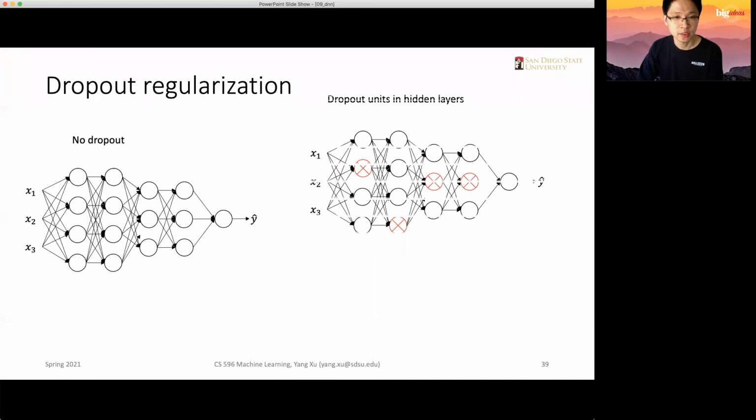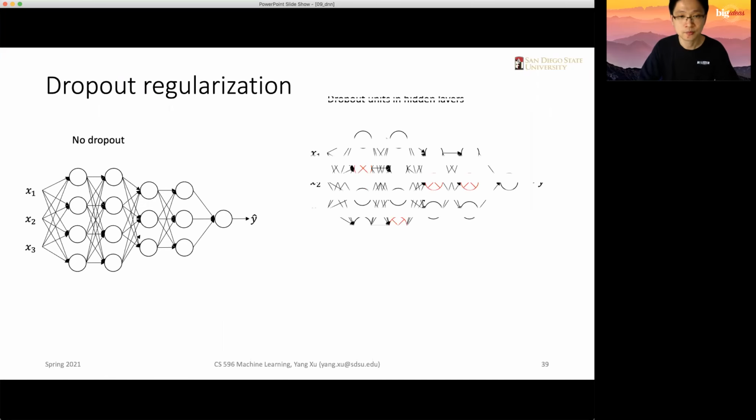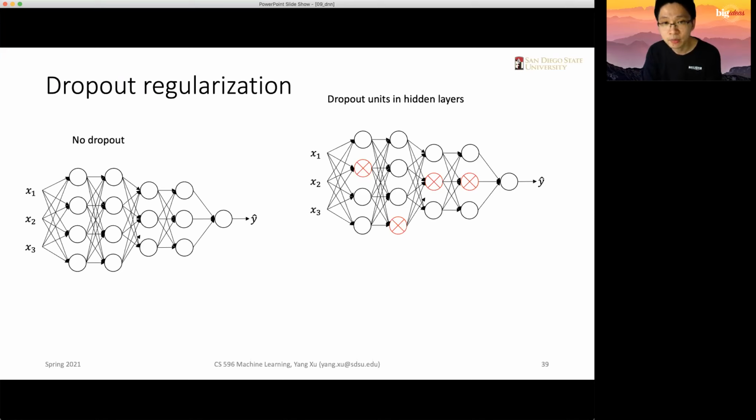Given such a deep neural network, if we don't use dropout, that means we keep everything as it is in the network. All neurons, all these arrows, all these weight parameters will be there for our usage. If we apply some dropout, that means we delete or remove some units in the hidden layers.